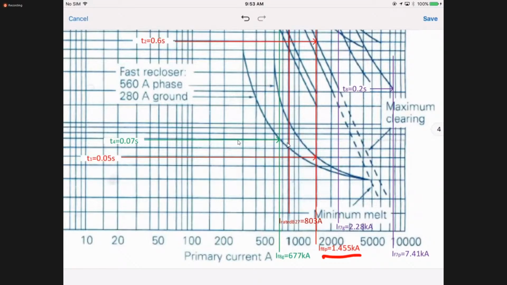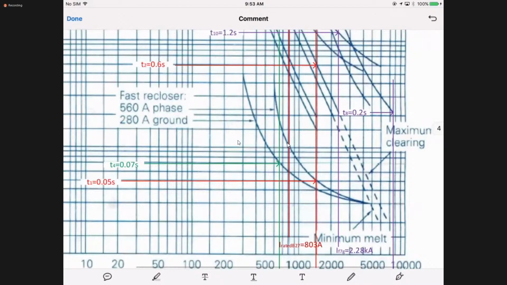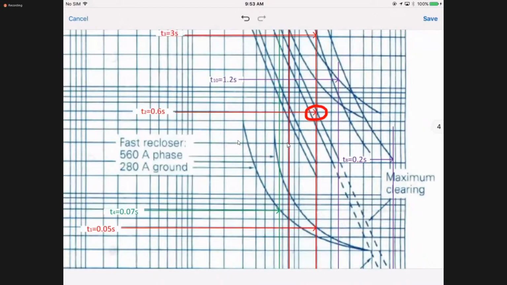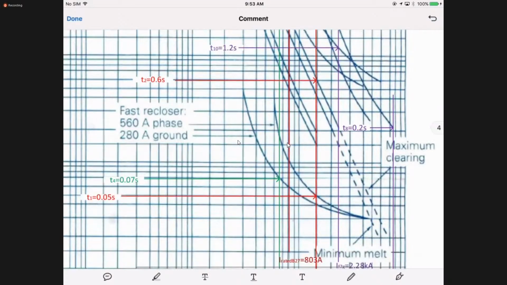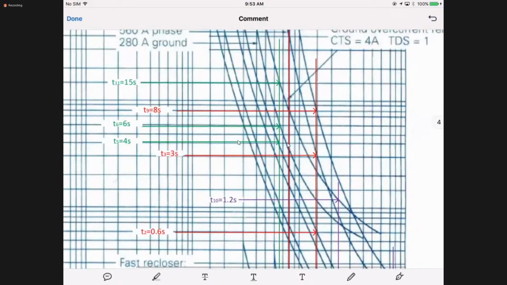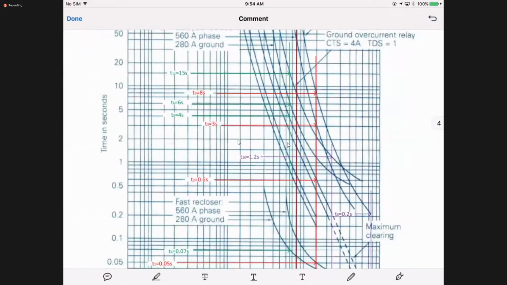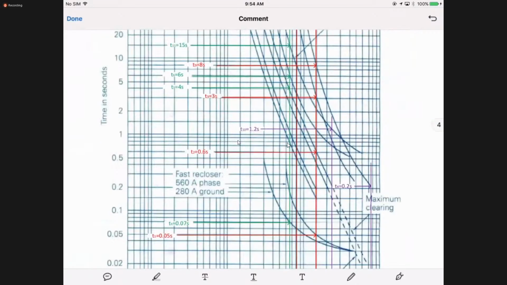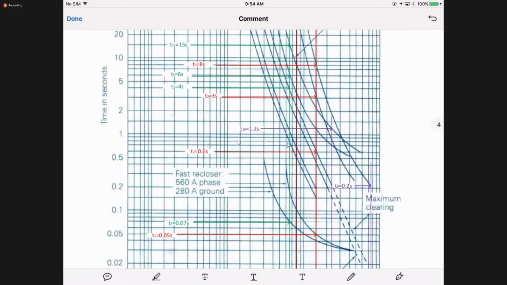Same argument. You pick another curve, not the one for the phase. And then the fuse will go in here much faster. Okay, and so on. So anything else? Based on this, any question? Any question?